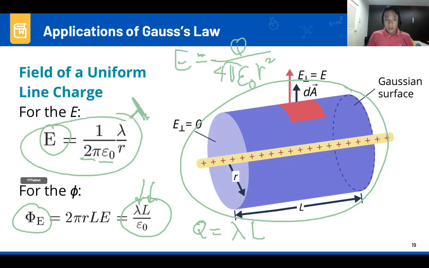Electric field is linear density over 2 pi constant r. Electric flux, I should say, is the linear density multiplied by the length over the constant. And if you are just finding the charge, you just multiply linear density by the length. Okay? Let us apply those formulas to our problems here.